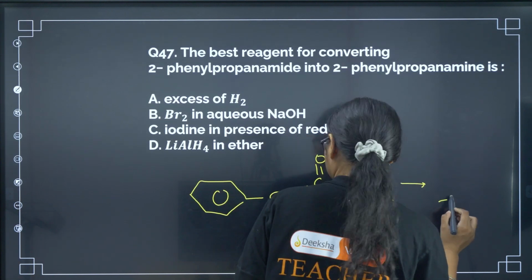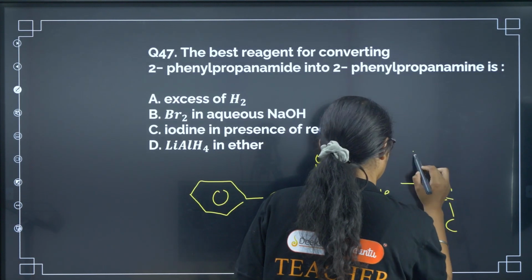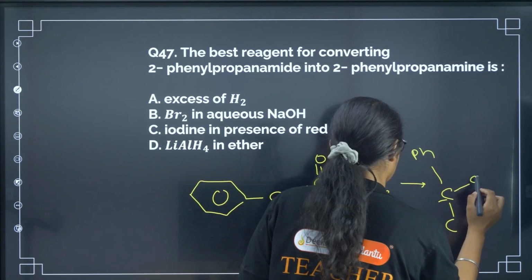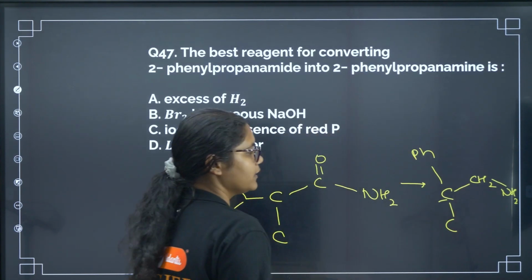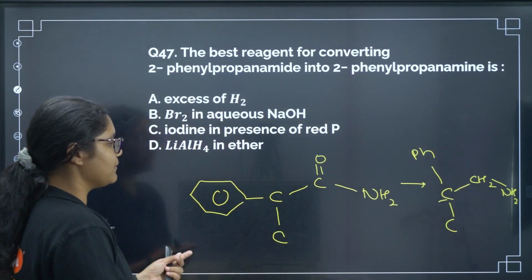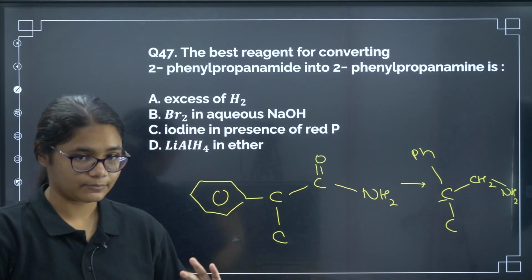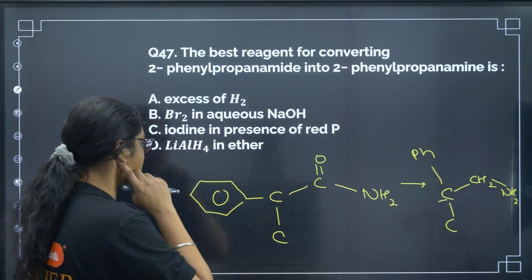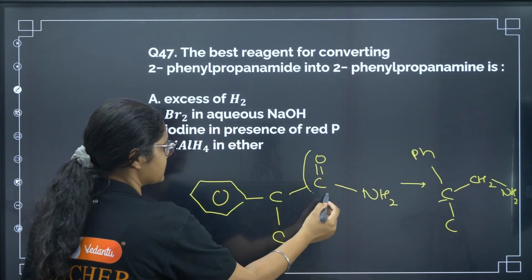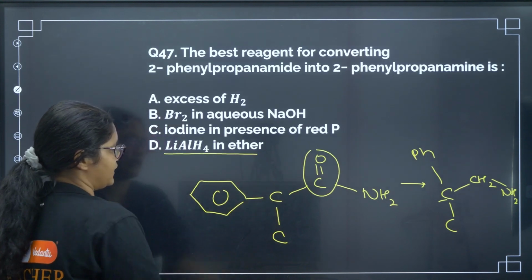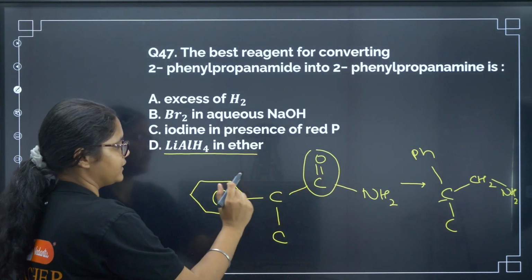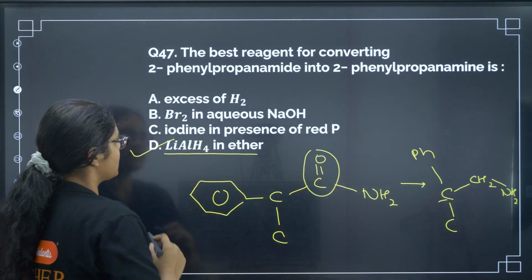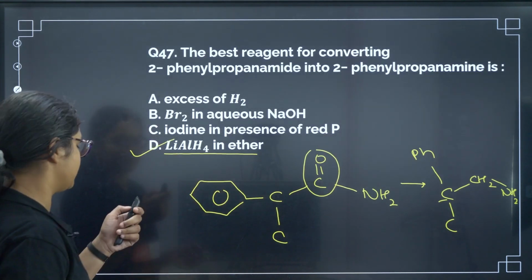The conversion is to 2-phenylpropanamine, right? So you can see here there are the same number of carbons in the reactant and product. So we cannot have bromamide degradation. So reduction of this group can be done with LiAlH4, this one in ether, right? It is a reducing agent. It will make it CH2NH2. So the correct answer for this question is option number D.